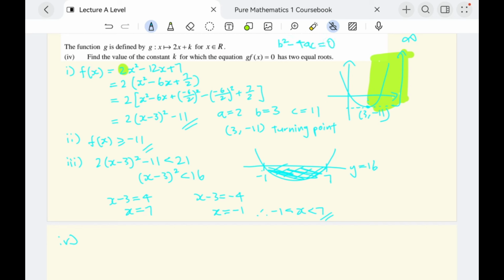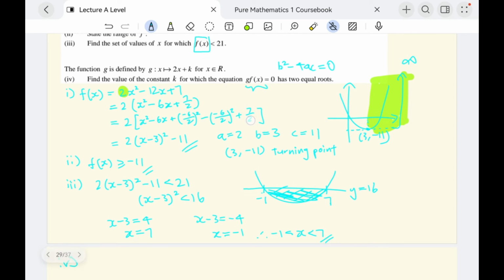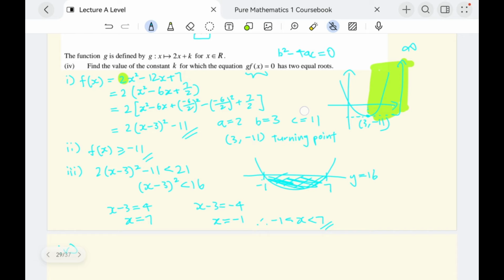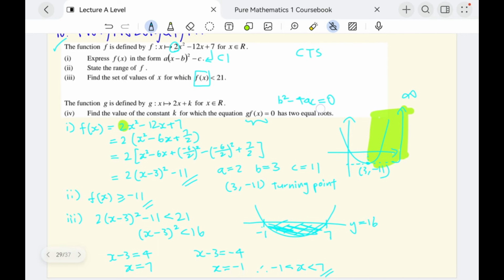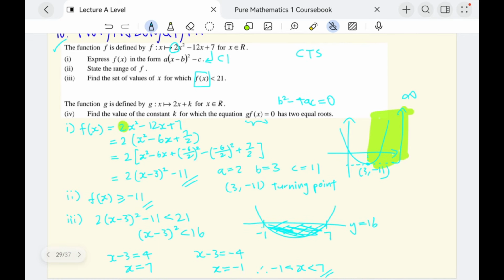That means for this gf(x) quadratic function, why can I confirm that gf(x) is a quadratic function? Because when you substitute this f(x) inside here, you're still getting a quadratic function. Just that this quadratic function has been transformed.